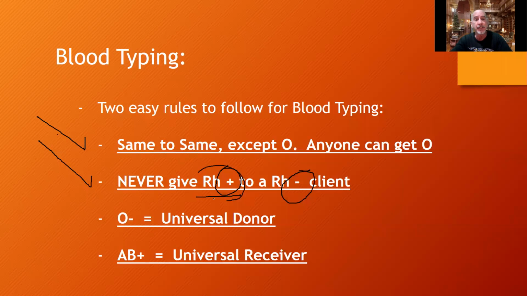Now, the RH positive patient can get RH negative blood. That's fine, because he's got an antibody on his blood, but the donor does not have that antibody.